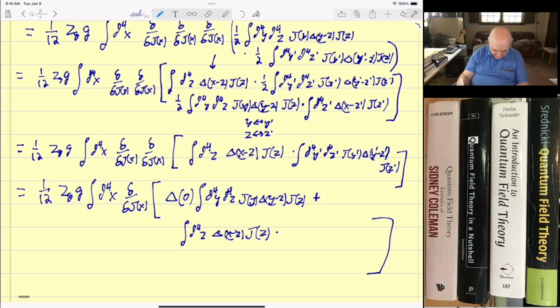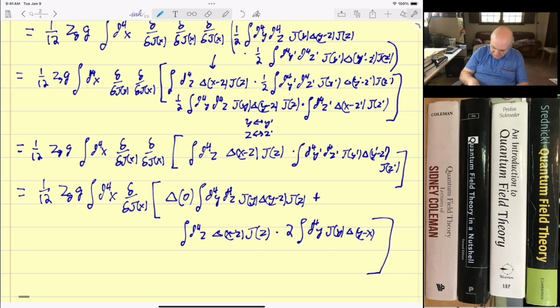No, I got it right. Plus that times 2 times the integral of d4y. Again, I can change the variables because I'm only going to have y here. jy del y minus x. Okay.